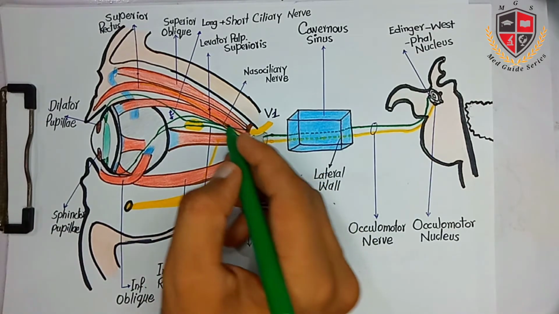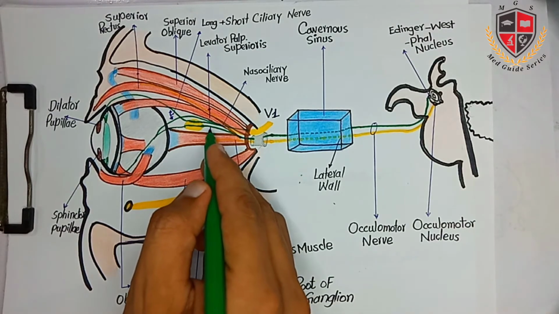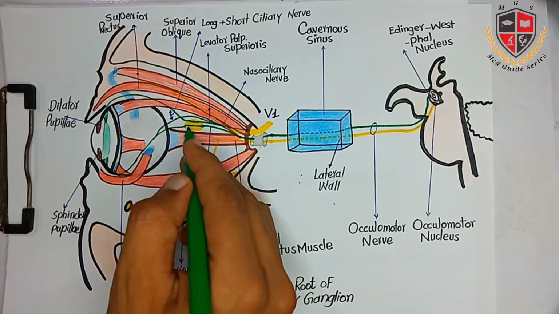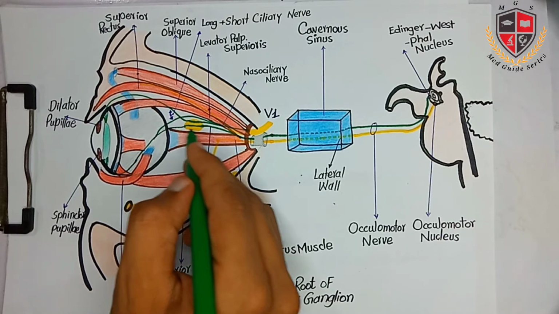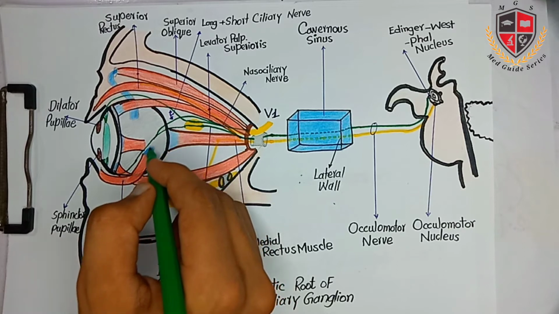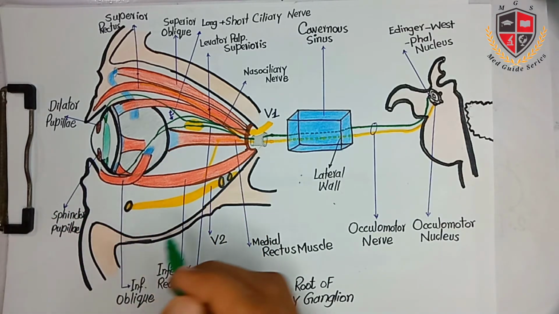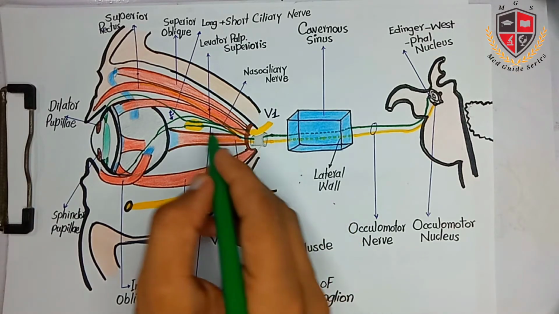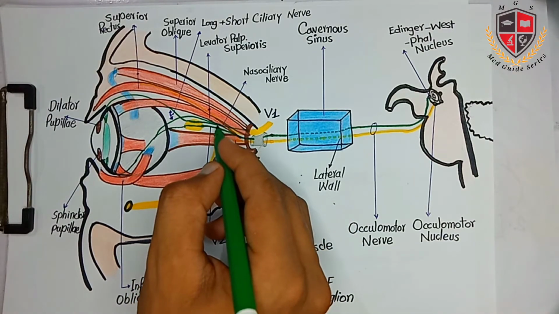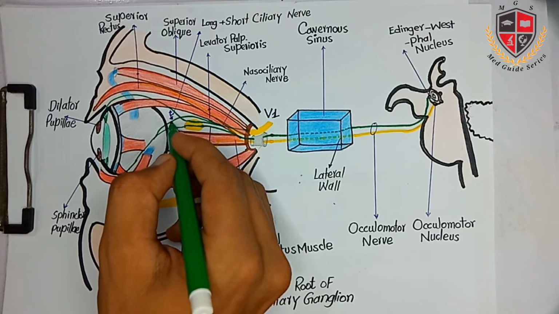Then the parasympathetic root of the ciliary ganglion enters the ciliary ganglion, and the short ciliary nerve emerges and supplies the sphincter pupillae muscle. This is the nasociliary nerve. This is the short ciliary nerve.